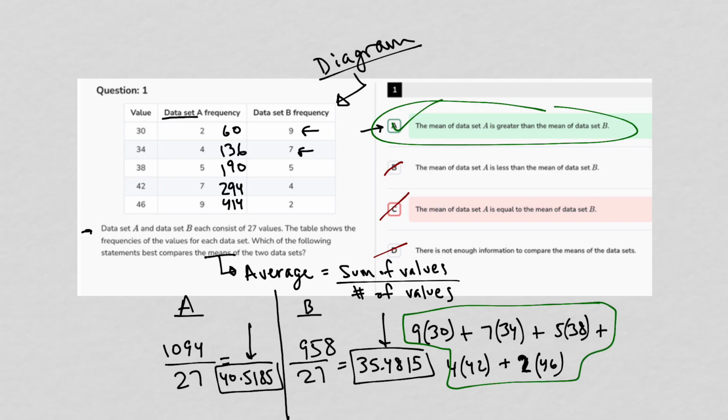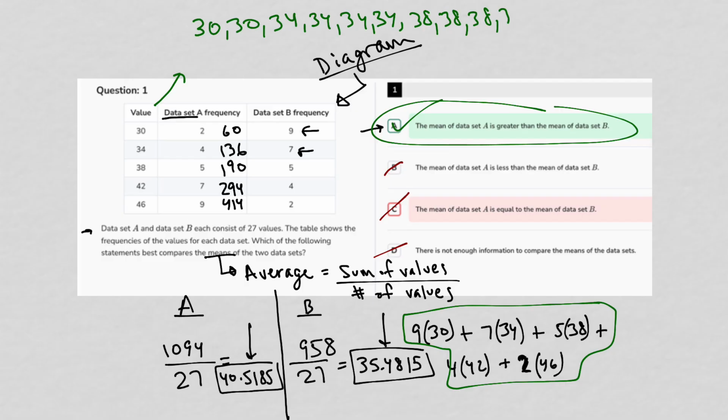This is, of course, for data set B. I could have done the exact same thing written out for data set A. But realistically, what's happening here is we have this list where there's 2 30s and there's 4 34s for data set A. And there's 5 38s, and so on and so forth. So that is how we know how many values we have and the number of repeating values that we have. And then we're just finding the sum of all those values for our numerator divided by the total number of values we have for our denominator in order to find the mean.